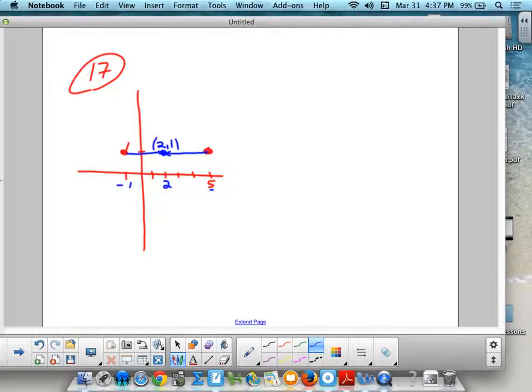Now, if the major axis is 8, that means half of 8, which is 4, would be the A value. So from the center out 4, so that would be all the way to 6. That's the vertex. Go back one more, that's the other vertex.